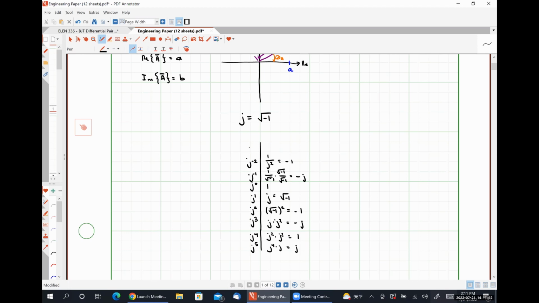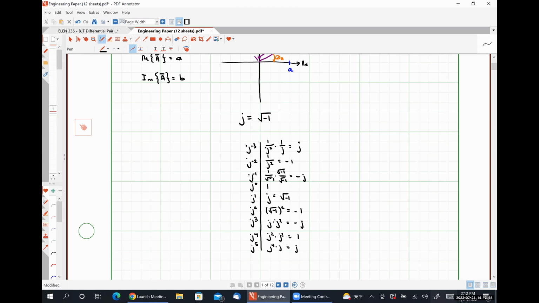And J to the minus 3 is, let's see, 1 over J squared times 1 over J. So that's negative 1 times 1 over J, which gives us positive J. And again, we see that it just cycles over and over again, right?